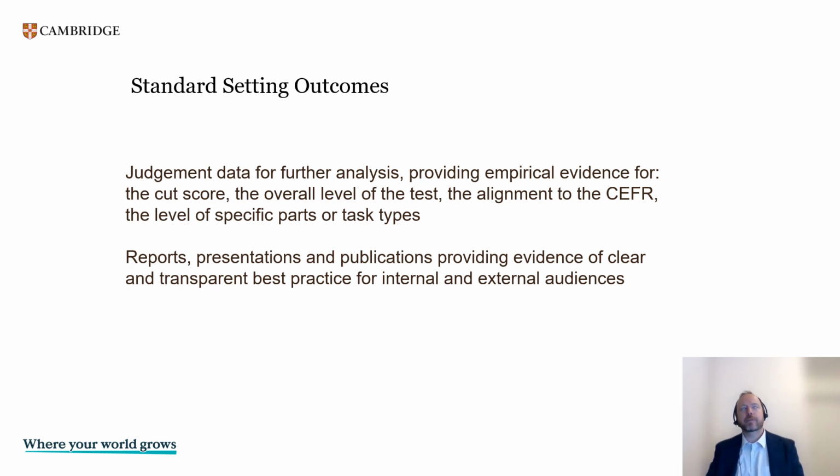So you give them 20 scripts, for example, 20 scripts from A2 level candidates, and they rank order them into what is at the bottom of the A2 or where they put them. Is it A2? In fact, you don't even tell them they're A2. You ask them to come up with a CFR level. The panel then, the responses come together, and we'll look at those in a moment.